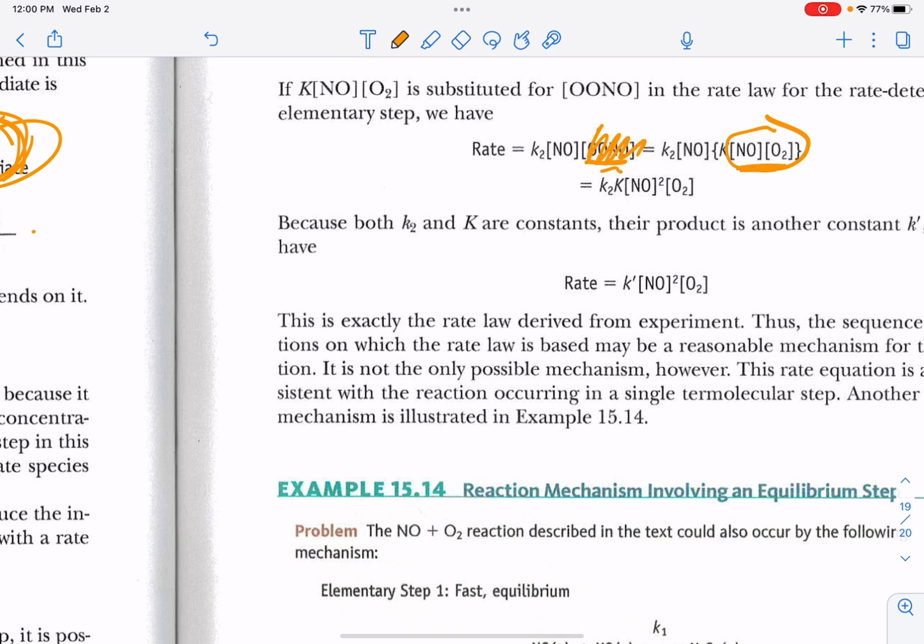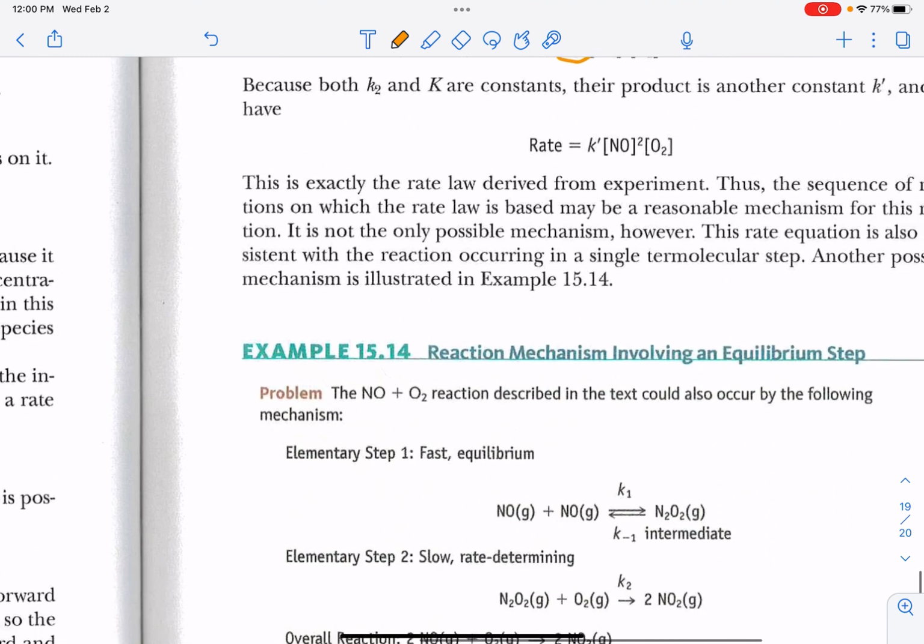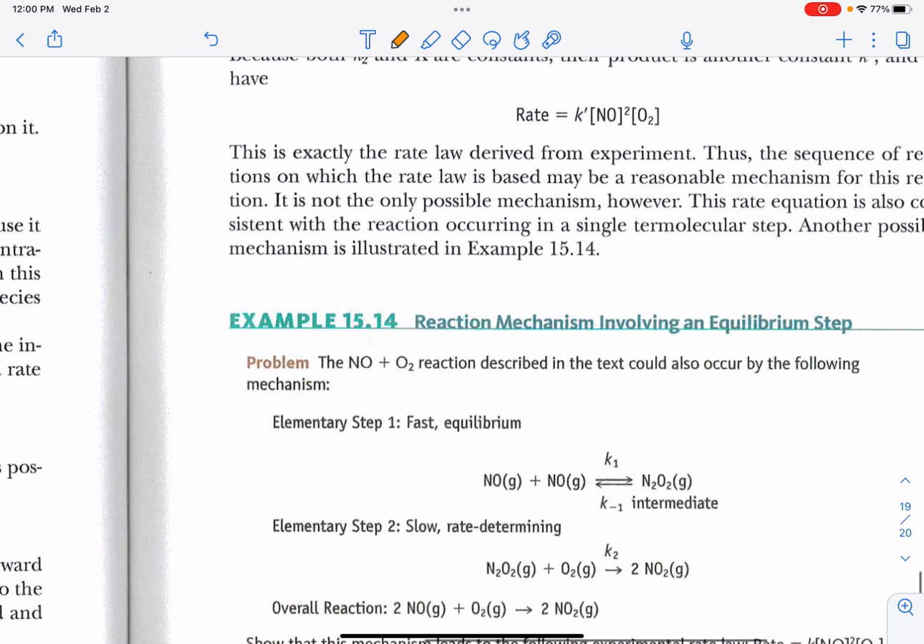And then I'm going to combine all of my constants into one big grand constant. And now I have a rate law right here that is expressed in terms of my reactants, and it does not have the reaction intermediate, OONO, in it.